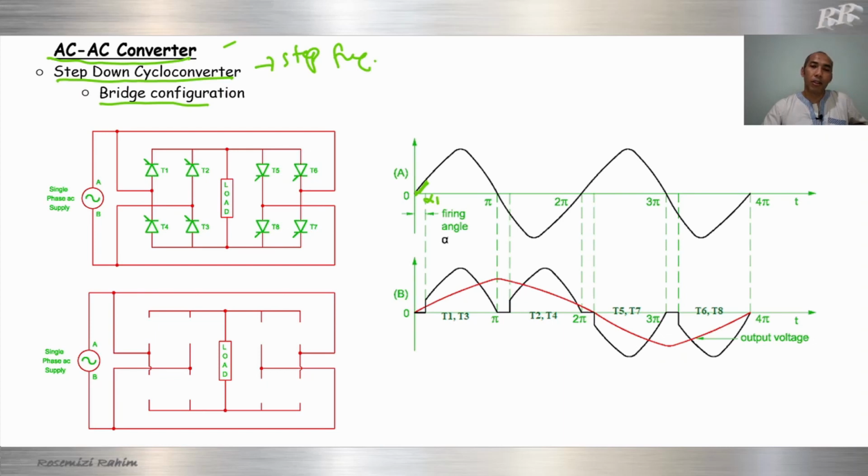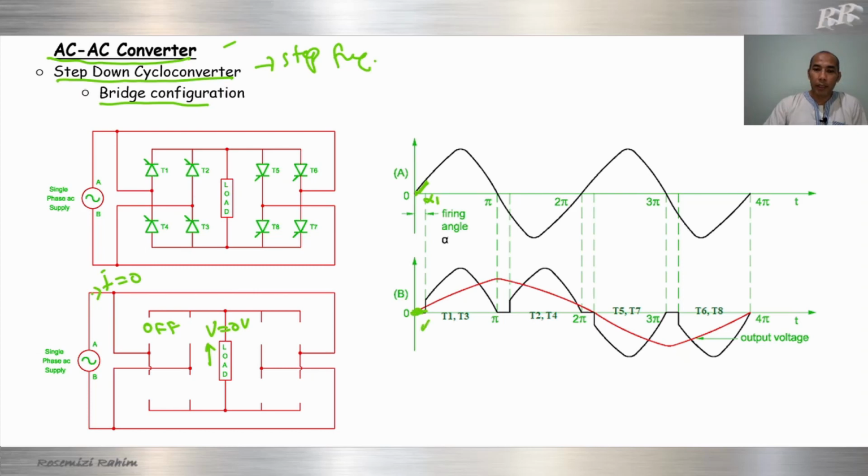So that means all the thyristors will be off. All the thyristors off, current is equal to 0. Current cannot flow. When current cannot flow, output will be 0 volt. Okay. From 0 to alpha 1, output is 0.